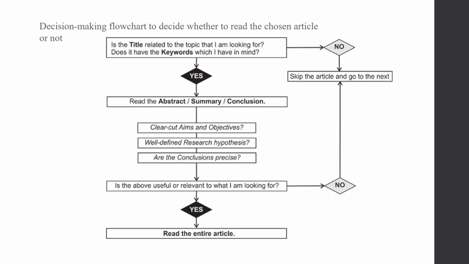Are the conclusions precise? Further reading will ask: is the above useful or relevant to what you are looking for? If yes, read the entire article, and this journal can be one of your references in your research. If no, just skip the article and go to the next.